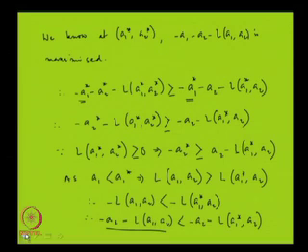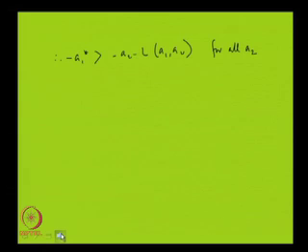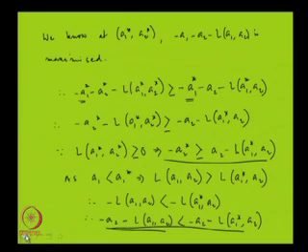So, I have just combined this fact with this fact to get that minus A1 A2, so this will be minus A2 star. Minus A2 star will be greater than or equal to this, which means that at A2 star this payoff function is being maximized.